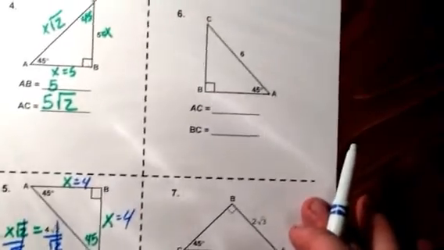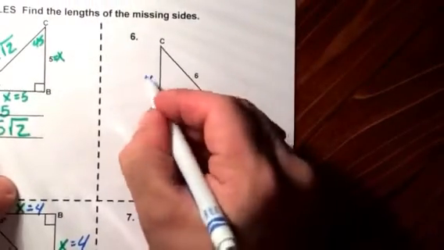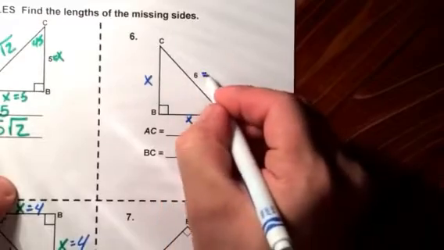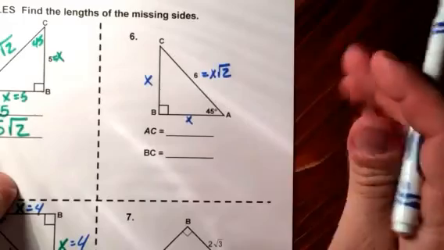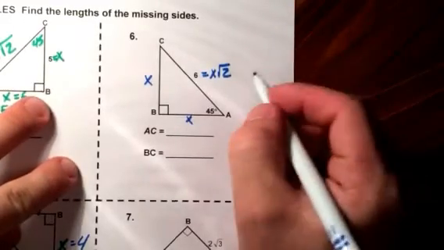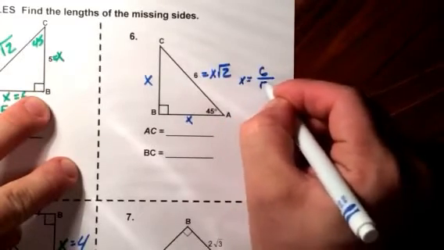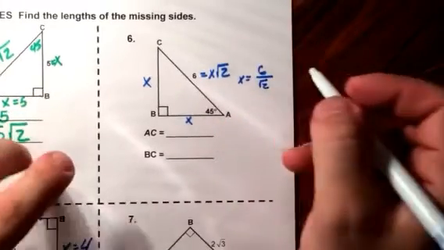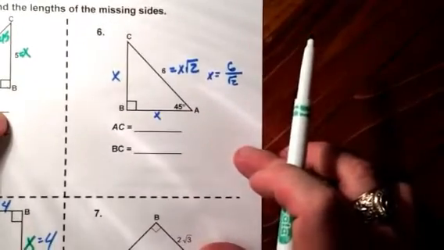Number 6 is the same type of problem, except one difference. I know that this is X, and the hypotenuse is going to equal X radical 2. Well, what do I do if I don't have a radical 2? I would say that X equals 6 divided by the radical of 2. Unfortunately for us, while that does fit our needs for math, it's not the simplified version.